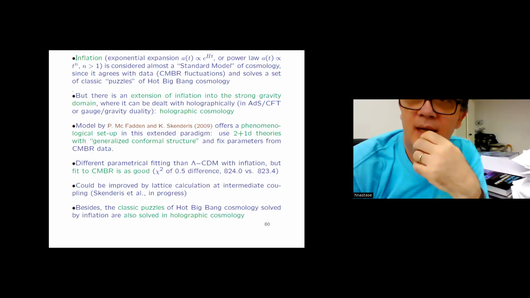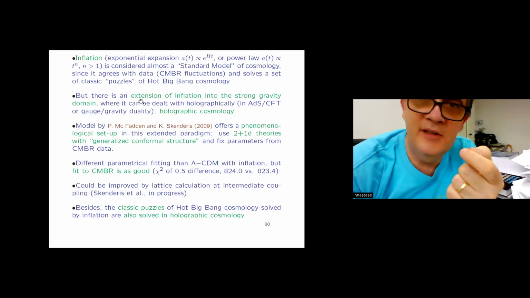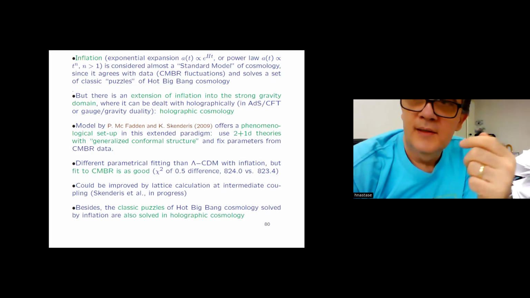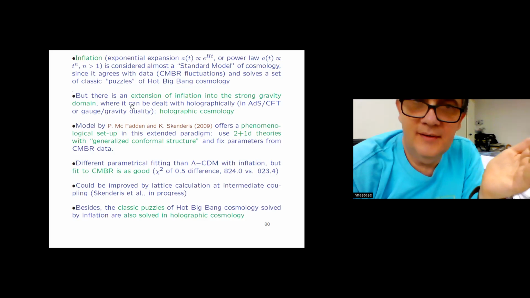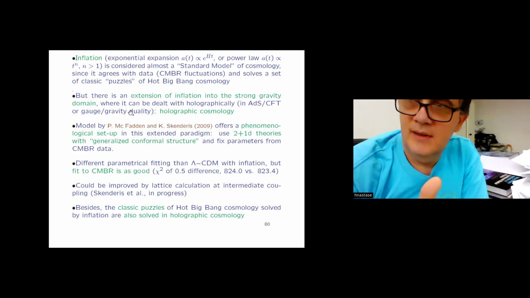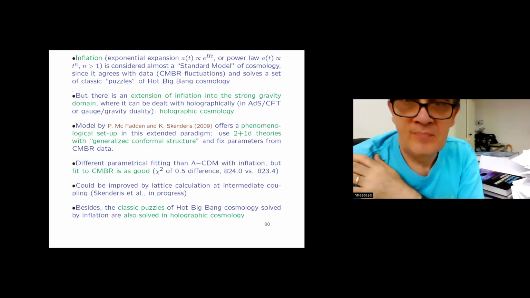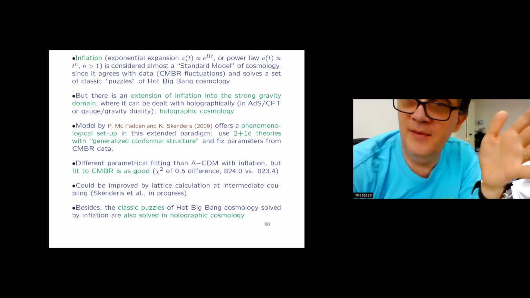But now we want to consider, in some sense, an extension of this inflationary paradigm into the strong gravity domain. And being strong gravity, we can deal with it holographically via gauge-gravity duality and calculate things in perturbative field theory. And this will be called holographic cosmology. Now, I should emphasize that when people say holographic cosmology, many times they mean different things.